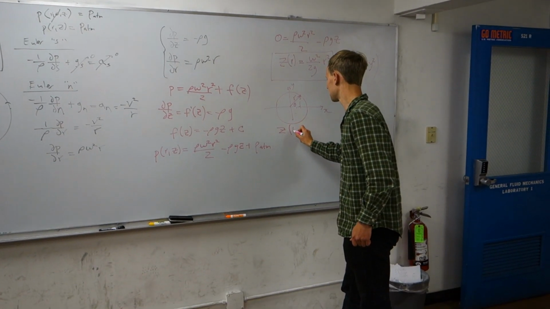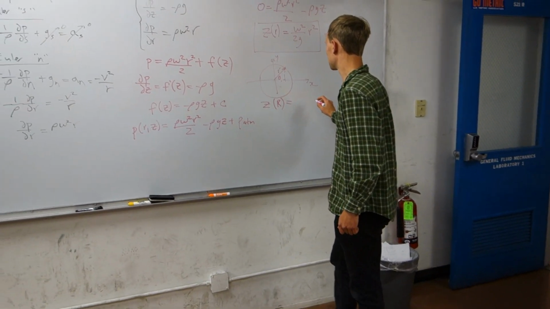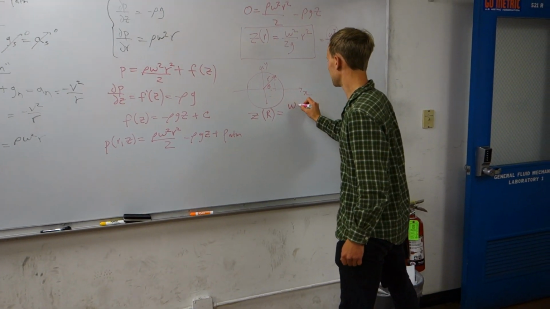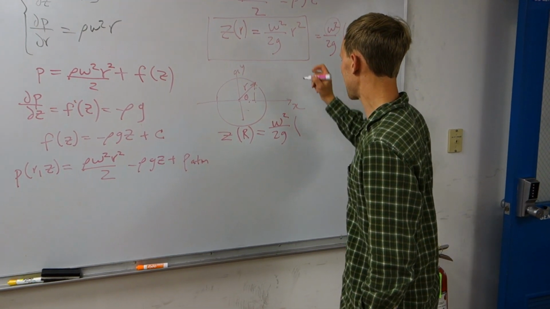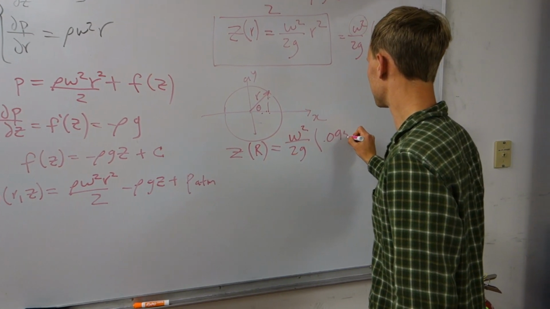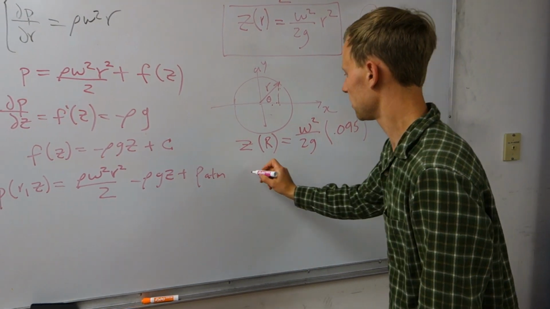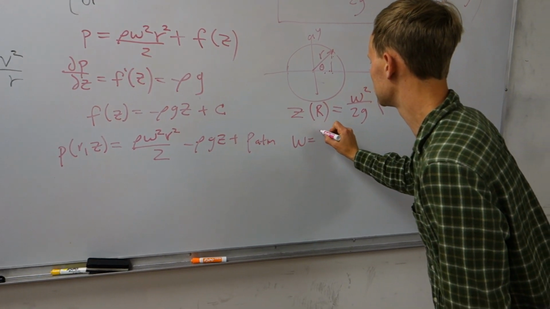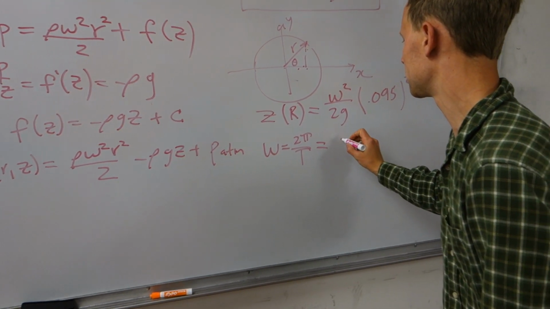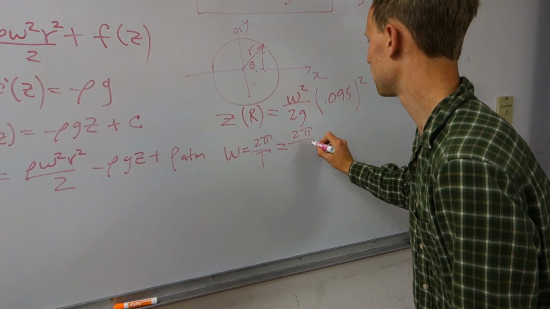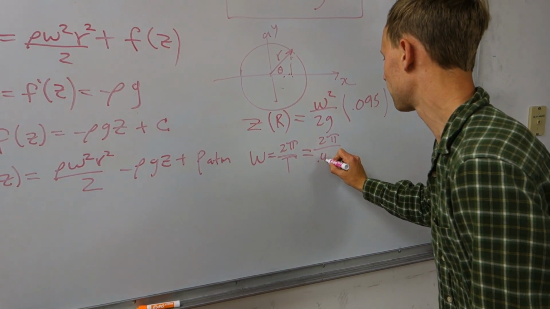z at capital R is equal to omega squared over 2g times capital R, which was 0.095, squared, and omega is 2 pi over the period, which is 2 pi over 0.416.